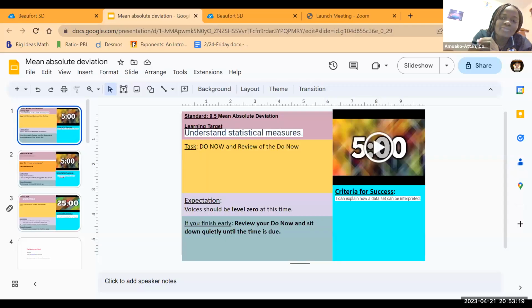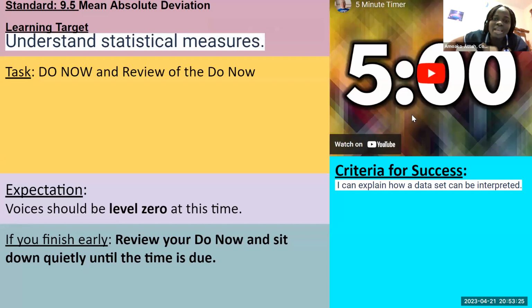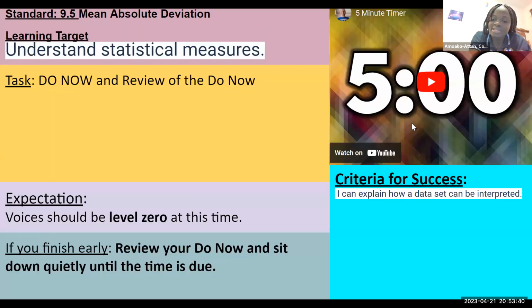Okay. So I have a nice slide for you. Slideshow. All right. So understand statistical measures. That is standard 9.5. I hope you guys are seeing my screen. So the success criteria is I can explain how a data set can be interpreted. All right, that is a success criteria. So at the end of the lesson, you should be able to explain how a data set can be interpreted.